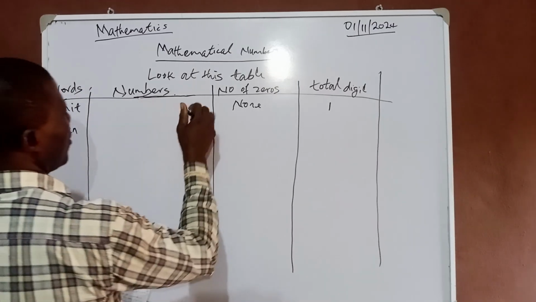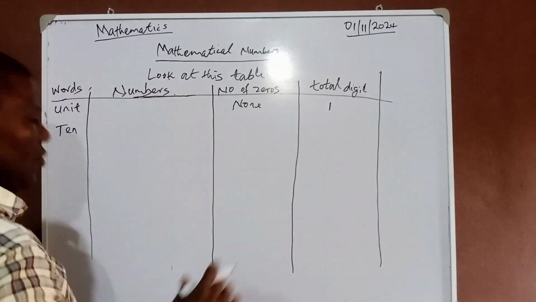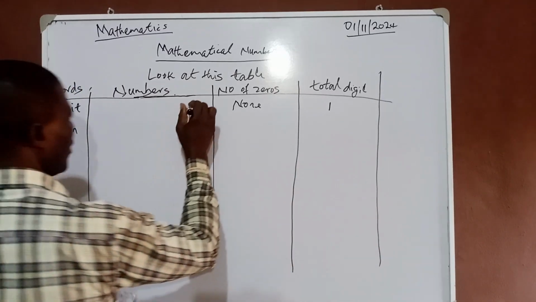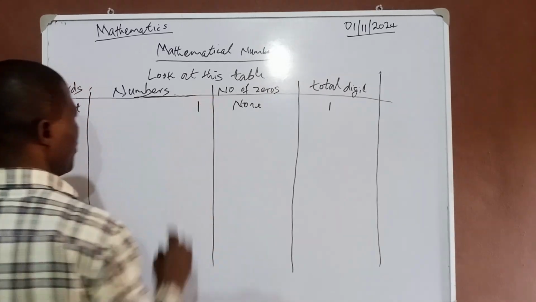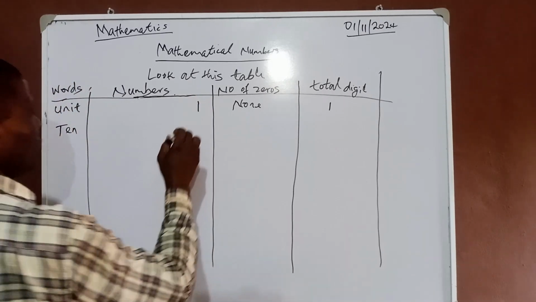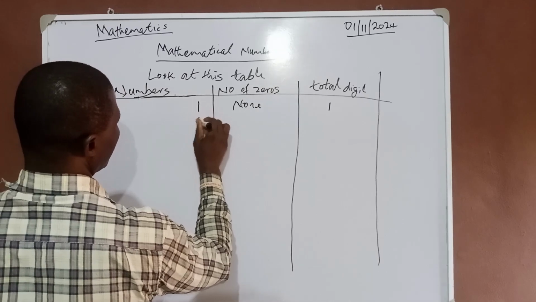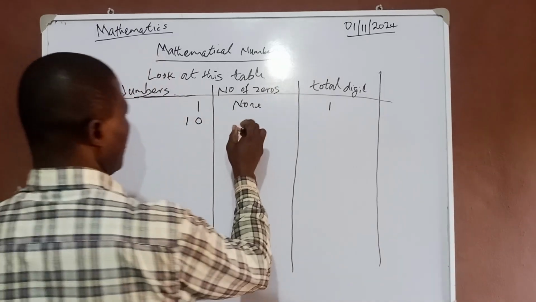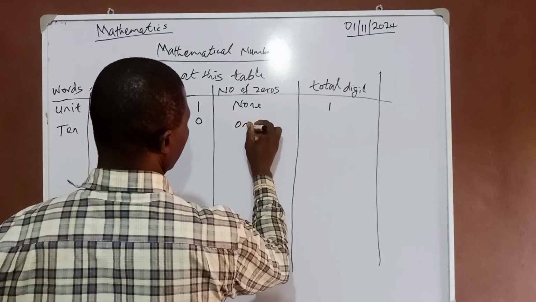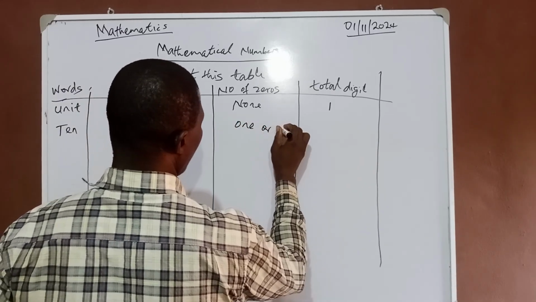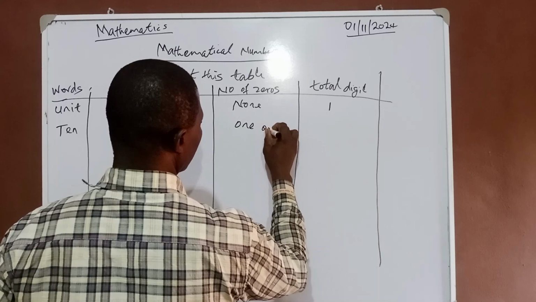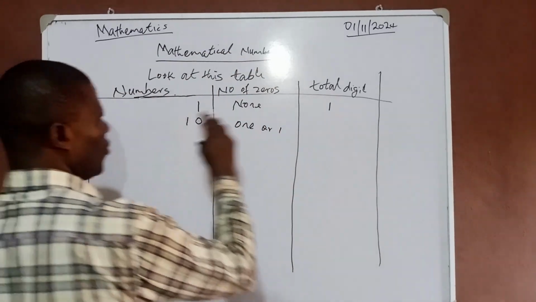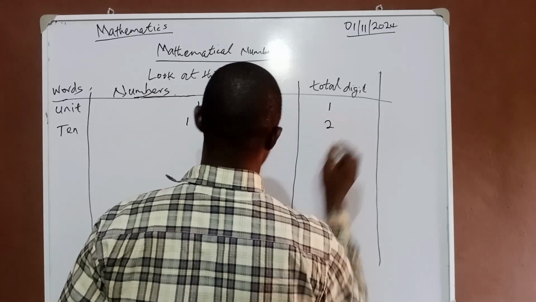In mathematics, you count from right and go towards the left. So let me place the 1 here because we are going to have bigger numbers. In 10 now, you have 0 and 1. So number of zeros, you have 1. The number of digits, you count 1, 2, and that is 2 digits here.